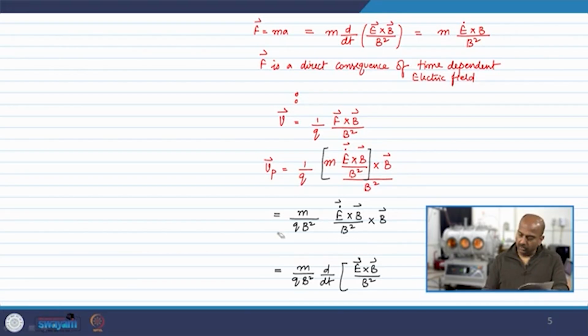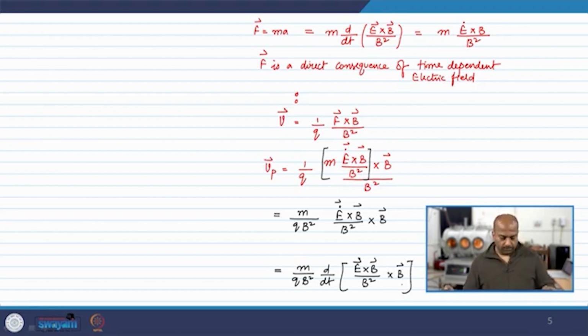So, this is the polarization drift. We will stop here and take this discussion ahead in the next lecture.